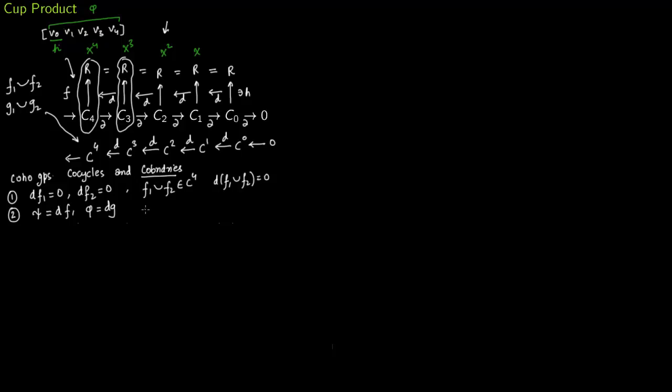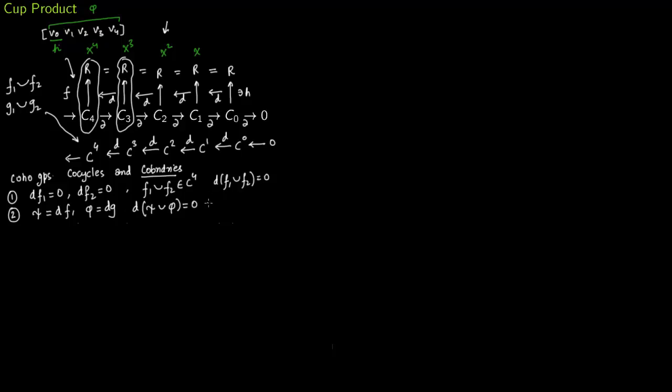Now if you take their cup product, you will land somewhere, but if you take d of it, it should give you 0, because the cup product is something like a multiplication. Yeah, x times x squared should land you in x cubed. So this will give you something like d squared, you take d of it, it should give you 0. So the cup product of these two should end up as 0.